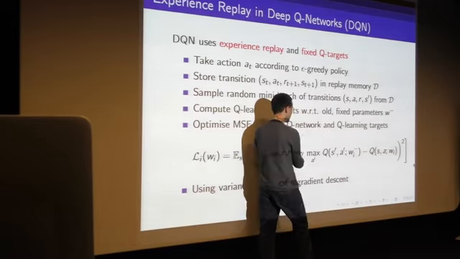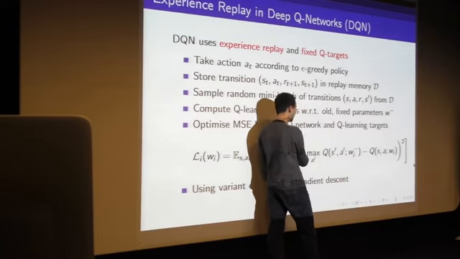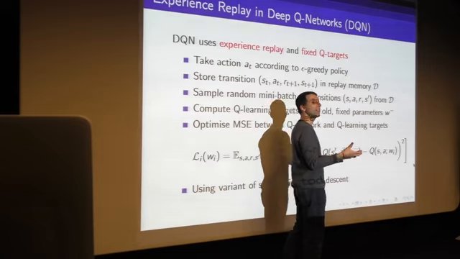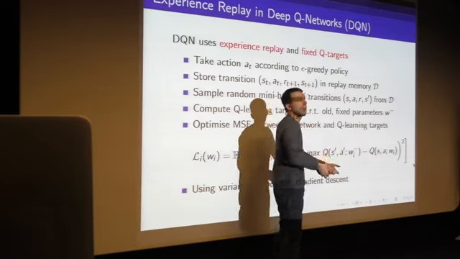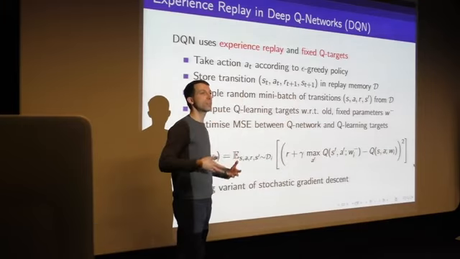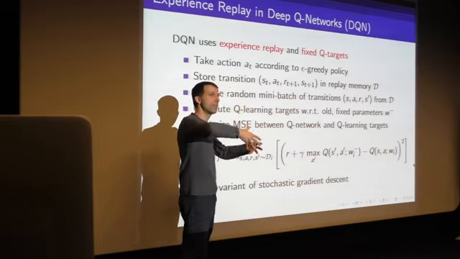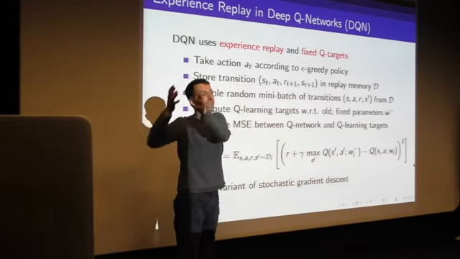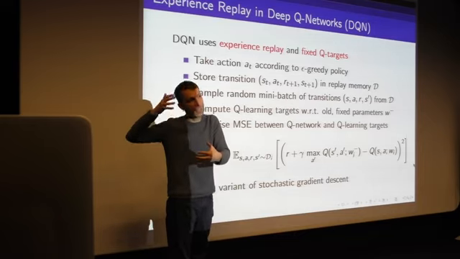The old parameters are going to be used to generate our target values. So we bootstrap, and the thing that we substitute for the oracle makes use of some old parameters. We don't use our freshest, most recent parameters in the target that we're plugging in place of the oracle. We use some fixed old values. And the reason is that we want to fix this because it gives us a more stable update.